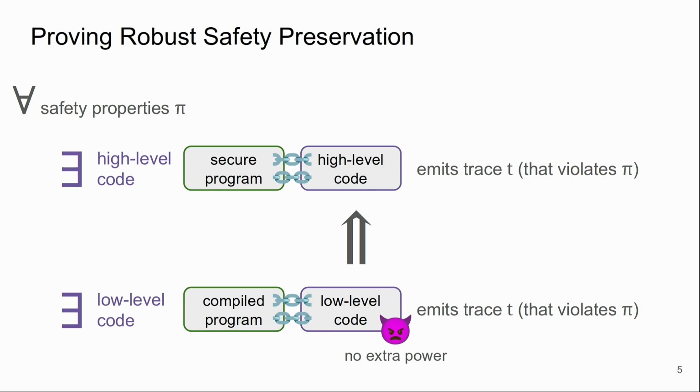So as part of this proof, one needs to resolve this existential quantifier here by explicitly constructing some source code that does the same attack as the target one.